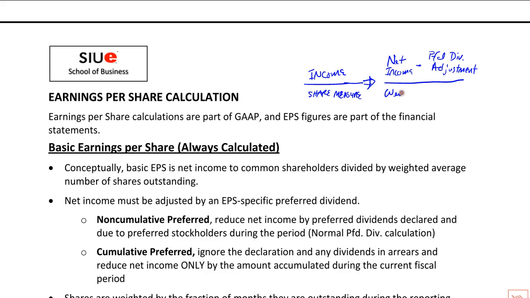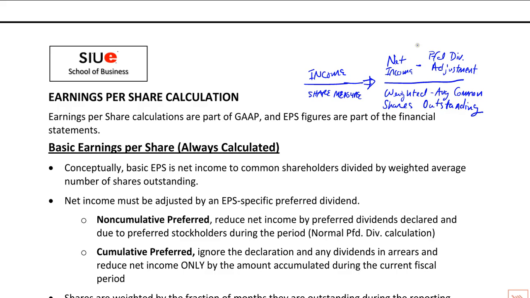And then in the denominator, there's this thing called weighted average common shares outstanding. So net income minus the preferred dividend adjustment divided by weighted average common shares outstanding. That gives you earnings per share, and we measure it to the penny.